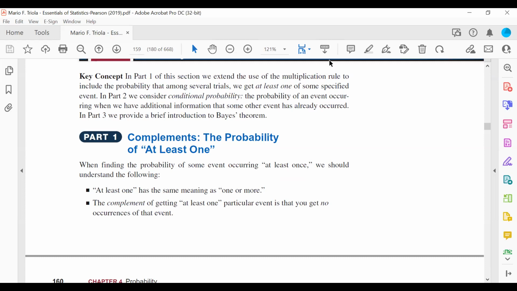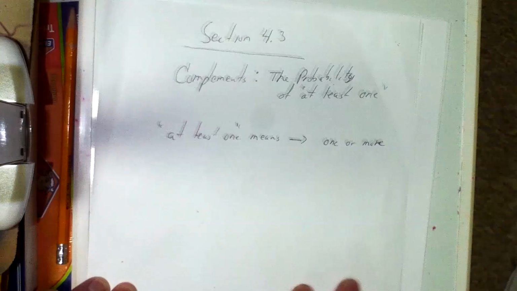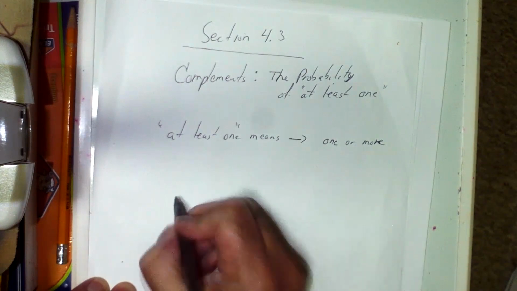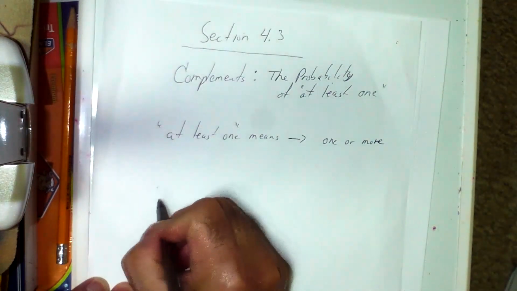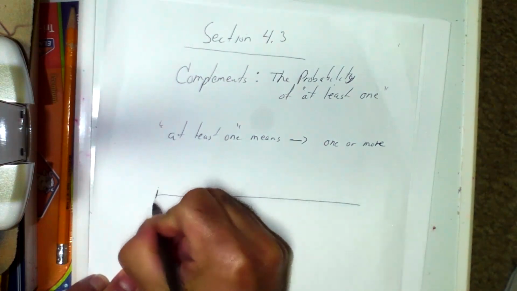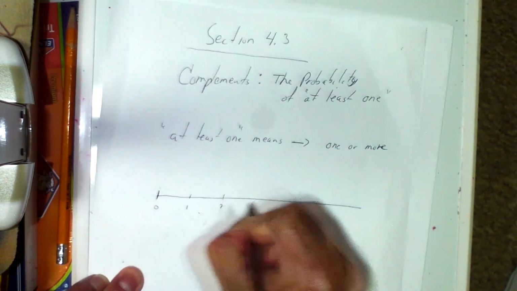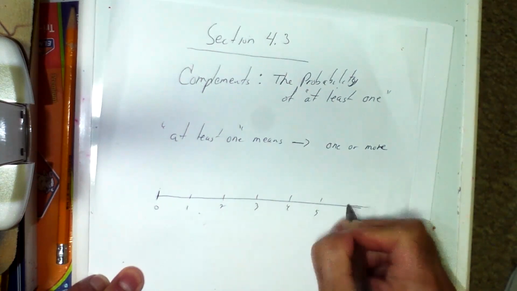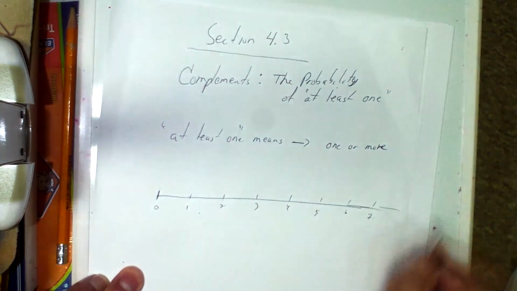So visually, let's take a look at it. What does it look like visually? So there's the definition. At least one means one or more. And so on the number line, here's 0, 1, 2, 3, 4, 5, 6, 7, right?